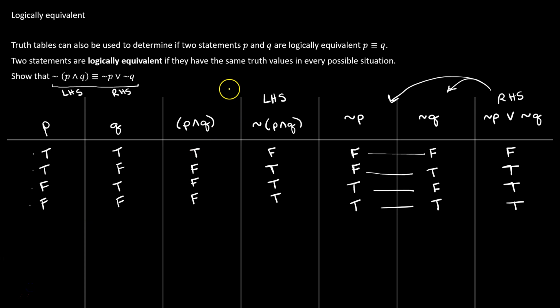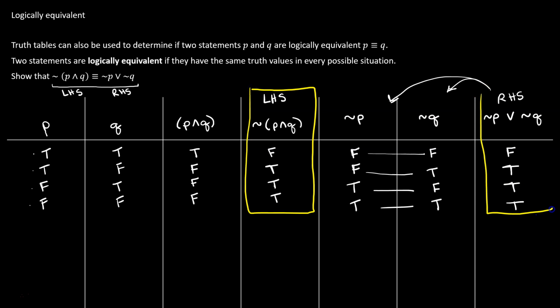Now, to determine if it's logically equivalent, we need to show that in the exact same conditions, the left-hand side and the right-hand side have the same truth value, which means for the first scenario, the left-hand side was false, the right-hand side also has to be false. Second scenario, they match, they're both true.